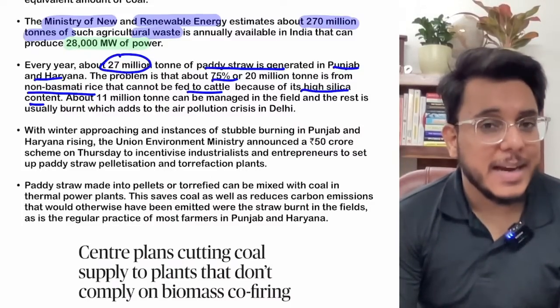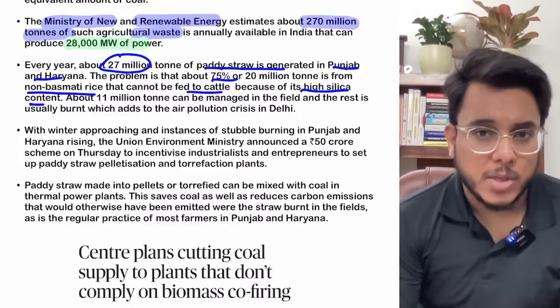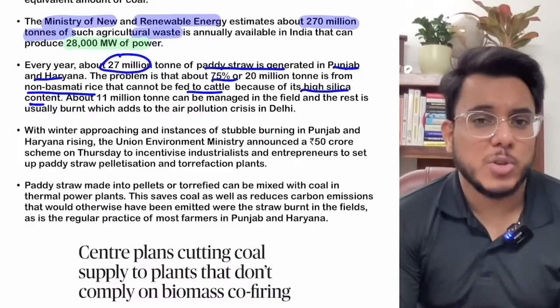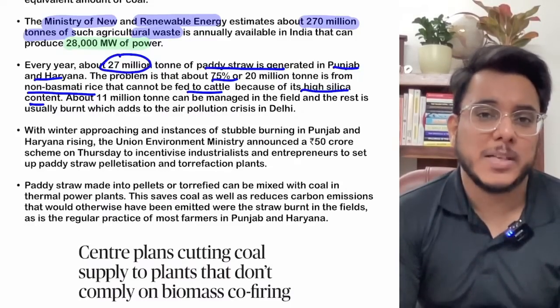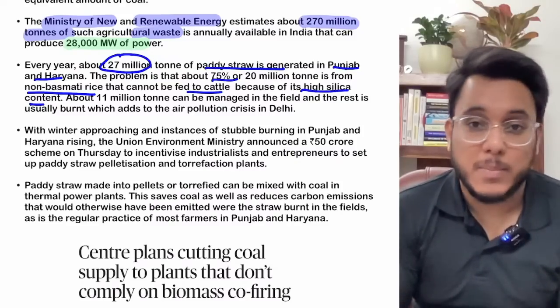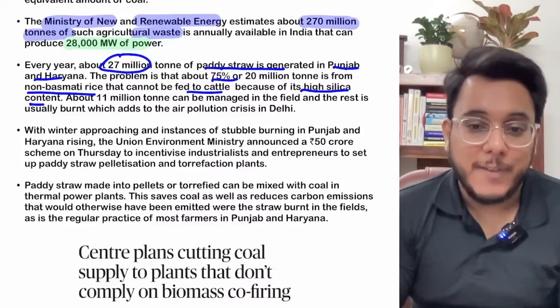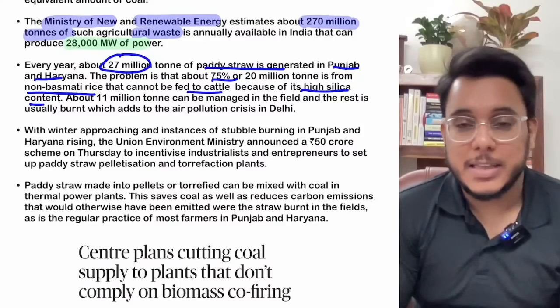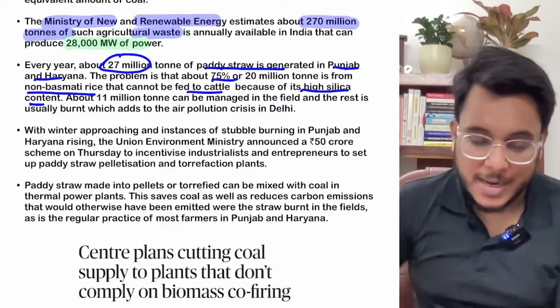Rather than burning it, it can be given to entrepreneurs, who will convert the biomass into biomass pellets and supply those pellets to coal fired power plants. These entrepreneurs will be able to make a business out of it. Moreover, the farmers, when they sell it, will get additional income.